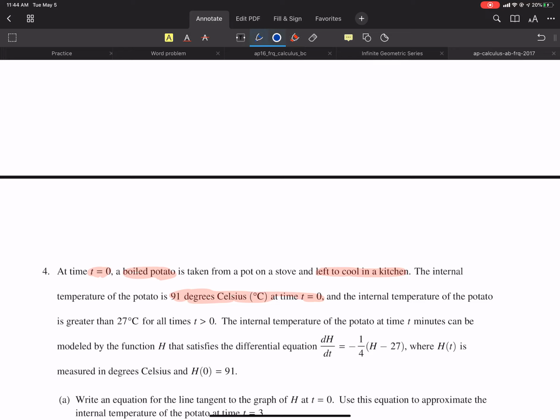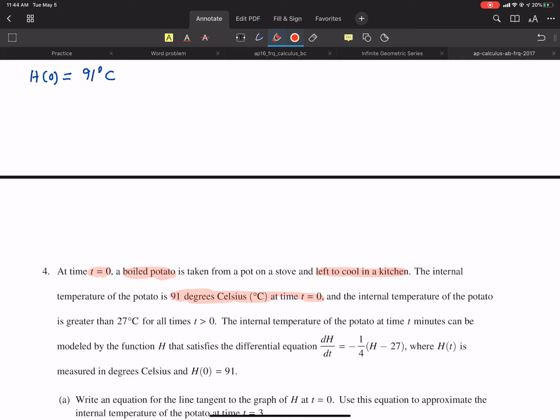And do we have something for the temperature of the potato? Yes. I believe H is the temperature of the potato. Let me double check. Yes. So H of 0, that's the temperature of the potato at 0, is going to be 91 degrees Celsius. So they tell us that.